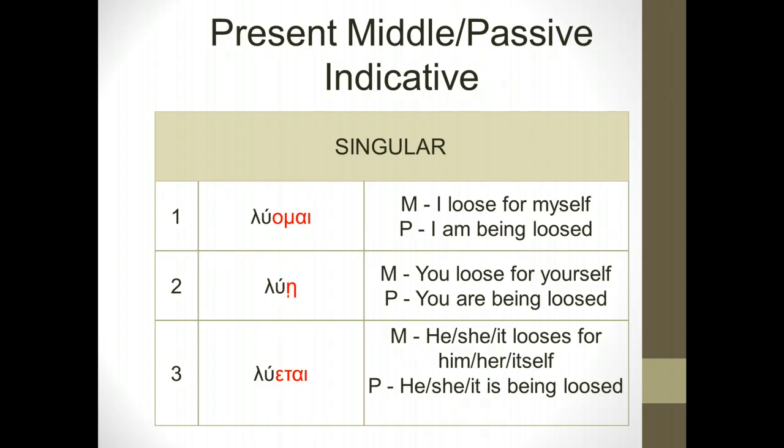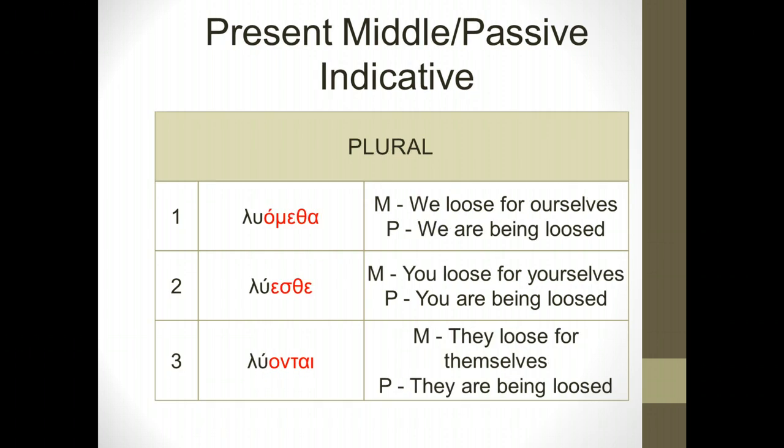Luei, you loose for yourself in the middle, or you are being loosed. And then in the third person singular, luetai, is either he, she, or it looses for himself, herself, itself, or in the passive, she, he, or it is being loosed. Now in the plural, let's look at these endings we have here.